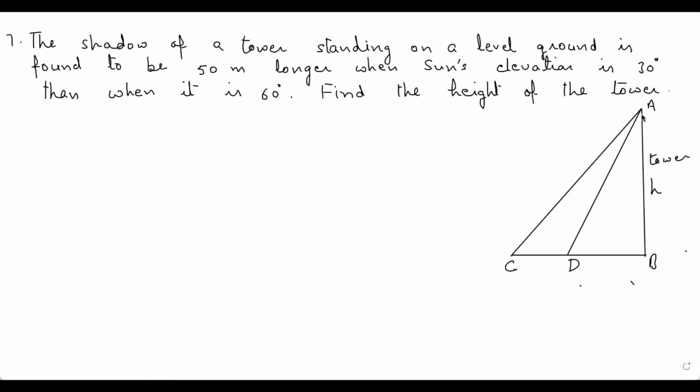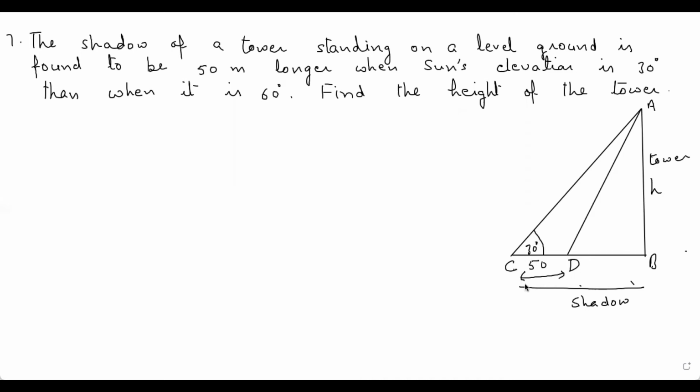Now shadow of this tower on a level ground is found to be 50 meters longer. Now this is the shadow of a tower, which is 50 meters longer when sun's elevation is 30 degree.